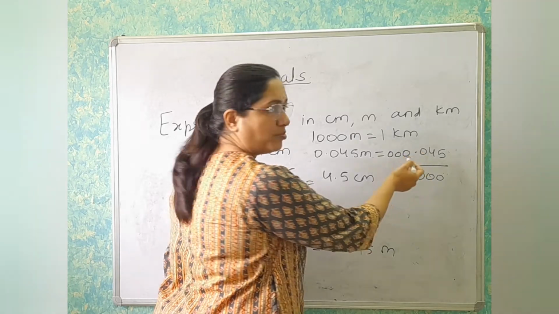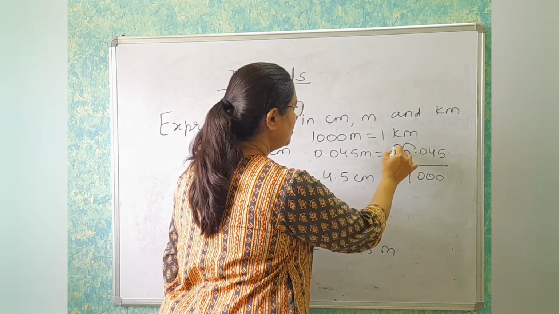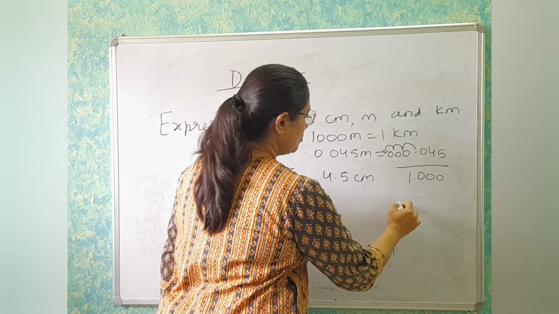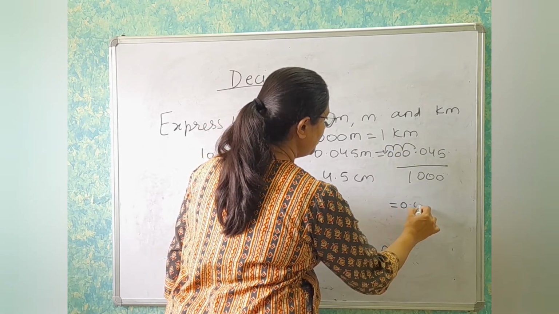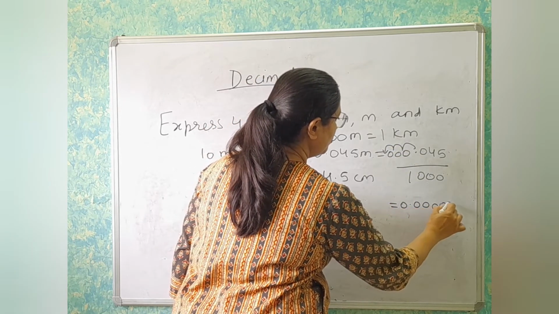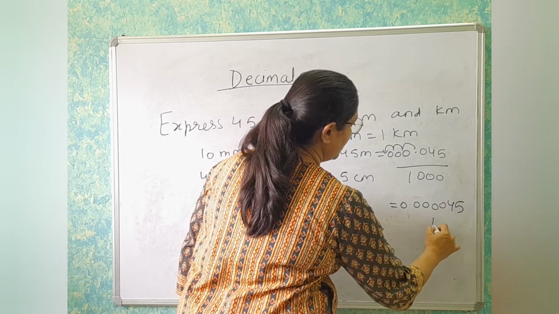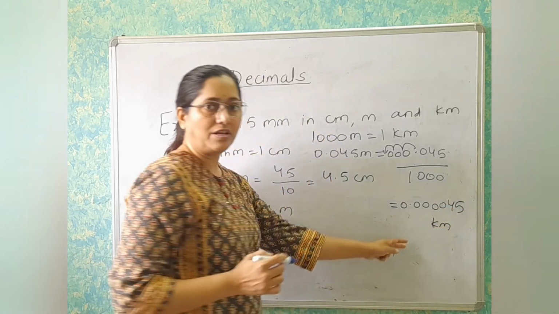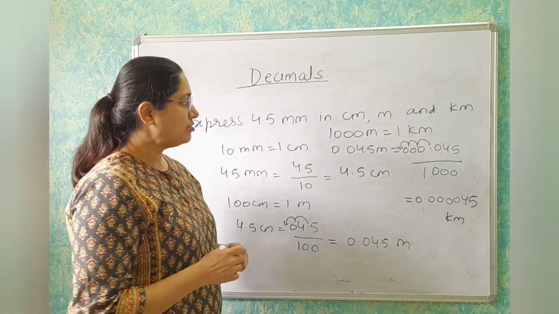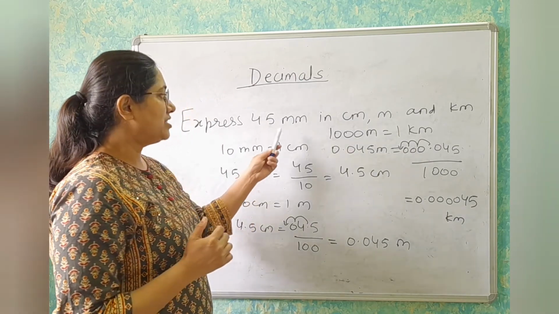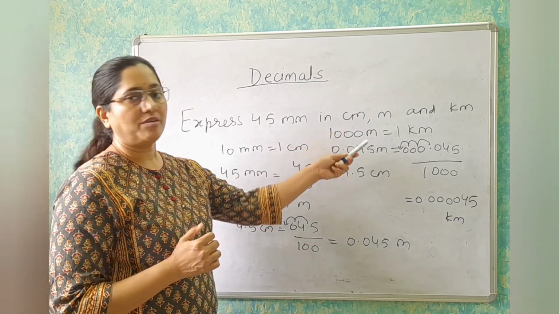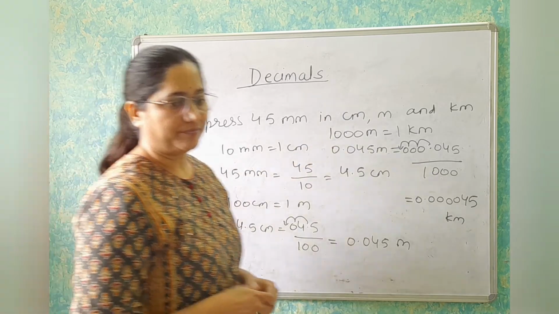Now the decimal point will shift 1, 2 and 3 places. So our answer will be 0.000045, and this time it will be in kilometer. So in this way we can express millimeter in centimeter, meter and kilometer.